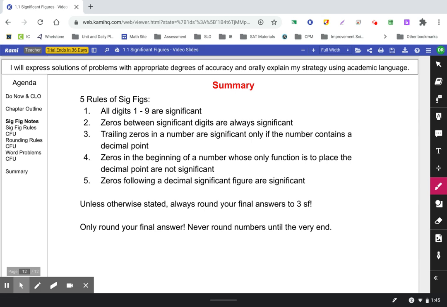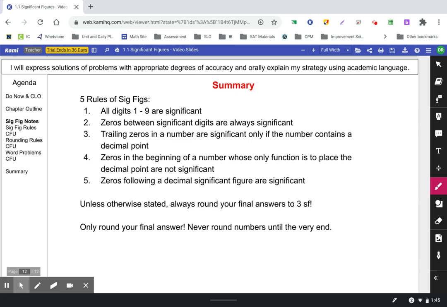Those sandwiched zeros are significant. Rule 3 is that trailing zeros in a number are significant only if the number contains a decimal point. Rule 4, zeros in the beginning of a number whose only function is to place the decimal point are never significant. And 5, zeros following a decimal significant figure are always significant.